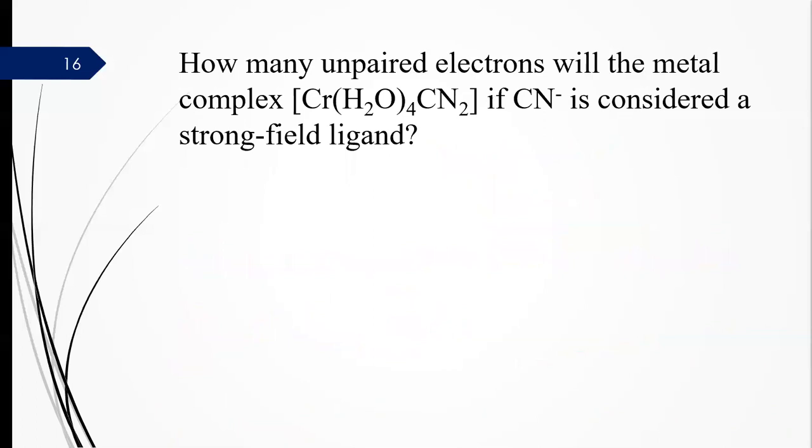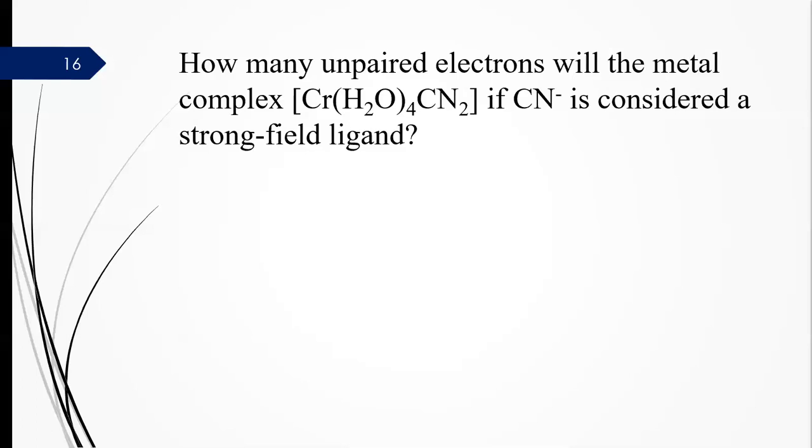This is the other part about crystal field splitting that we want to make sure that we understand, and it's about high spin versus low spin, and how that relates to strong field ligands versus weak field ligands. So I've given you an example here.